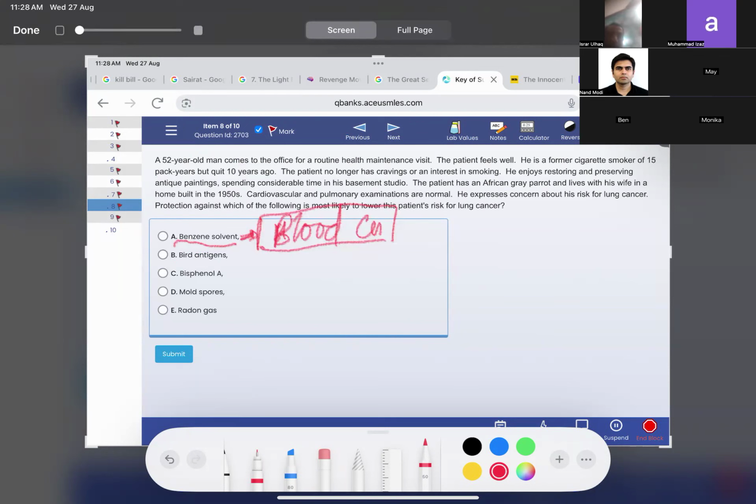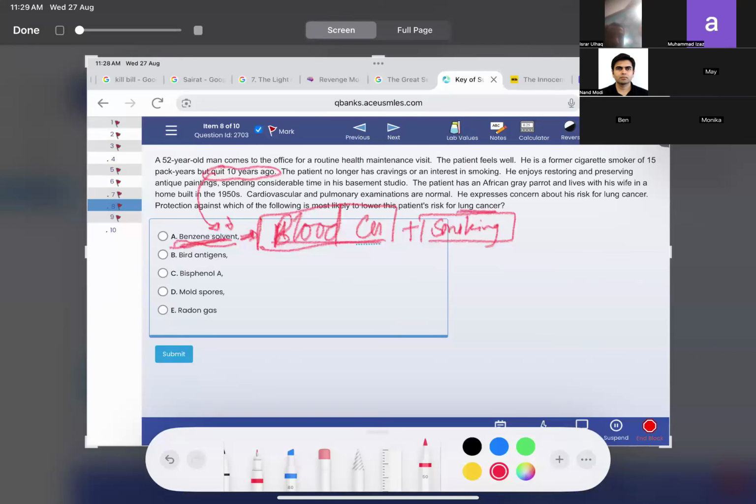It is most common in cigarettes. In this case, the patient quit smoking 10 years ago, so there is less chance of the risk of blood cancer.